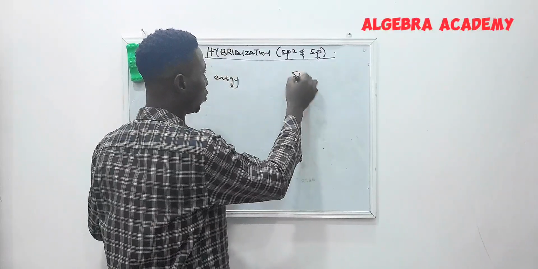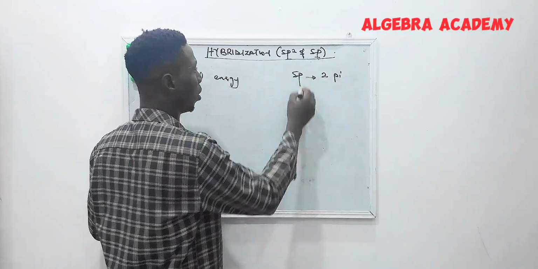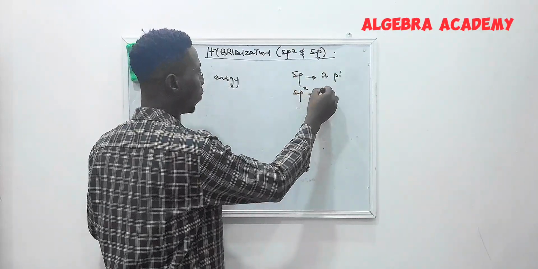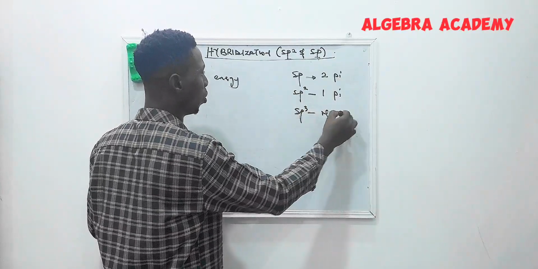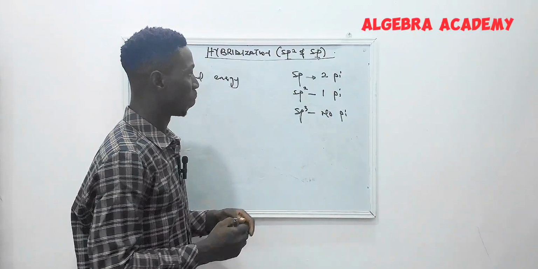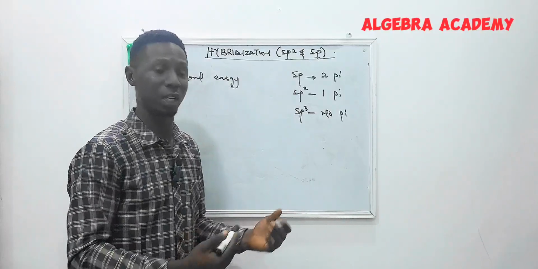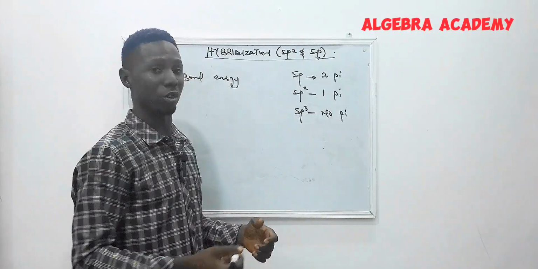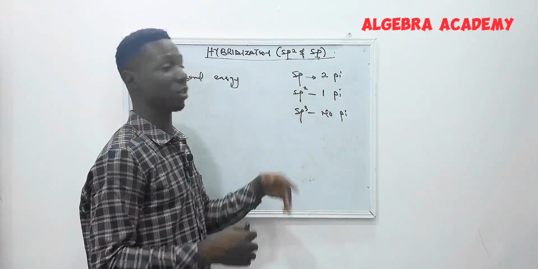For sp, we have 2 pi bonds. For sp2, we have 1 pi bond, and for sp3, no pi bond at all. So if you use the number of pi bonds to determine the bond energy, that means sp will be the strongest because it has 2 pi bonds, followed by sp2 that has 1, and sp3 has none.